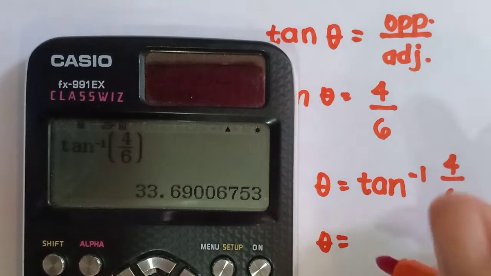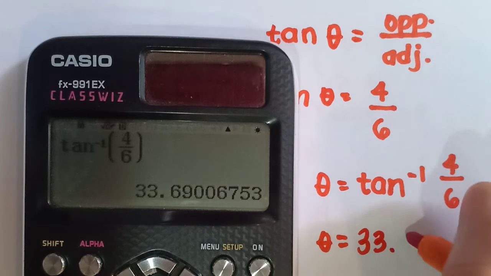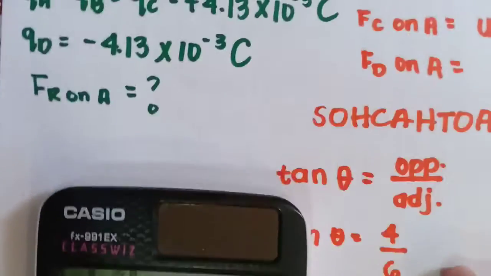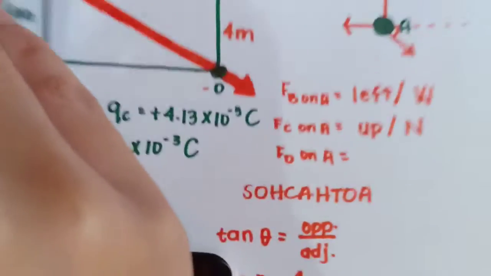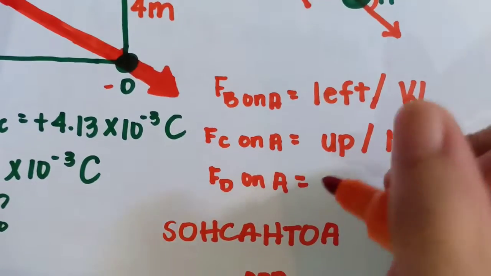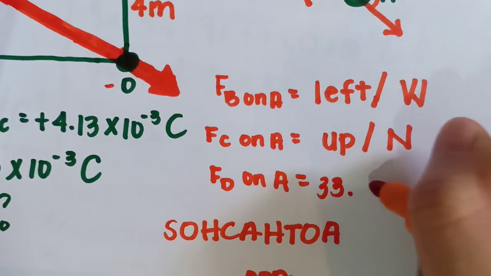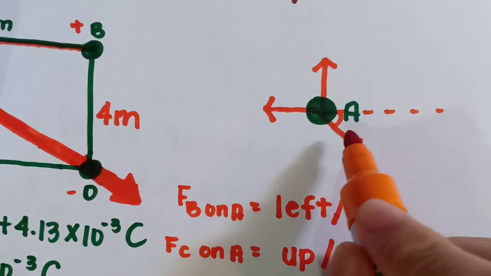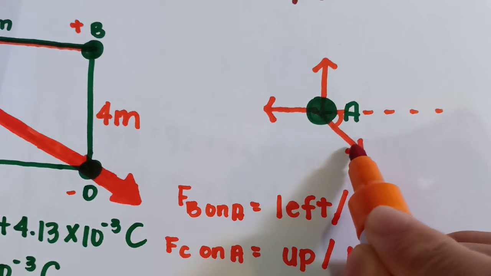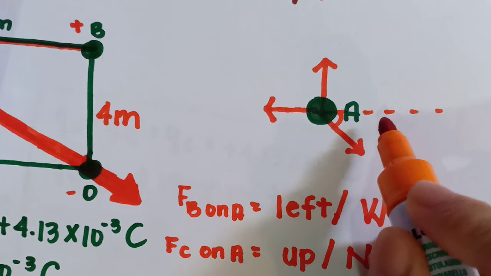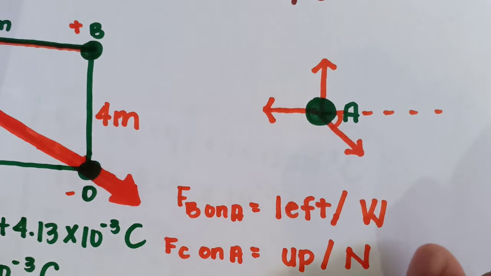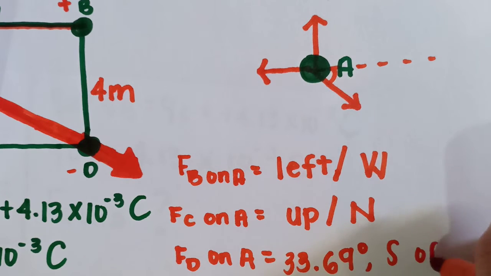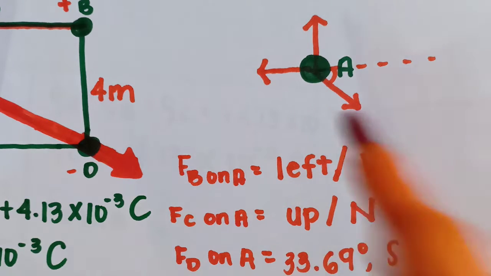We will get a value of 33.69 degrees. So FD on A is at 33.69 degrees south of east.